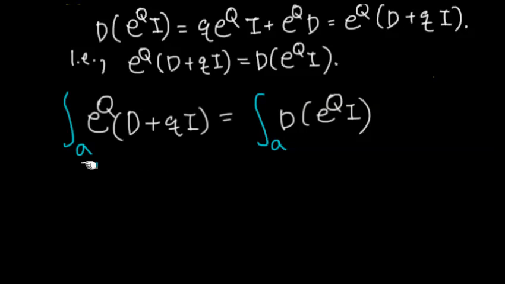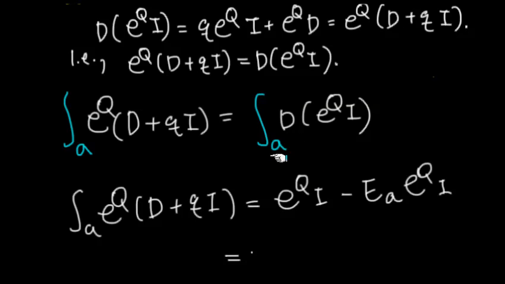So here it is. If I hit it with the integral operator, this d and this integral cancel. If d is outside of the integral first, then it is simply identity, but here it is inside, so we have a little bit of a factor showing up. Since these two cancel, it leaves identity, which is inside here, so that should be copied here, e^Q I, and evaluation at a.